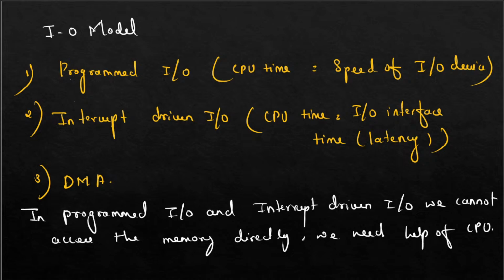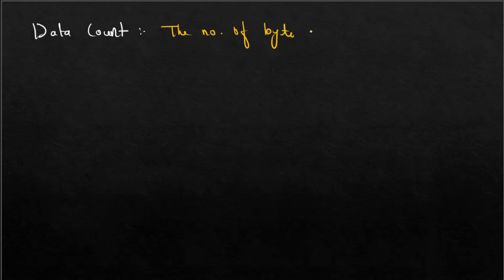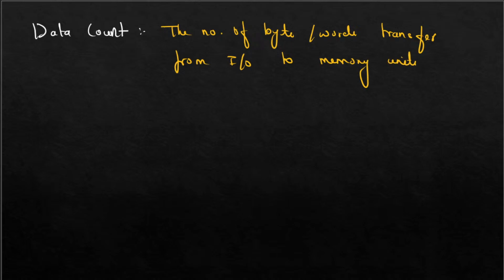Okay, so let's see now data count. In data count, number of bits, words transfer, okay, from IO to memory units, the count value becomes 0.